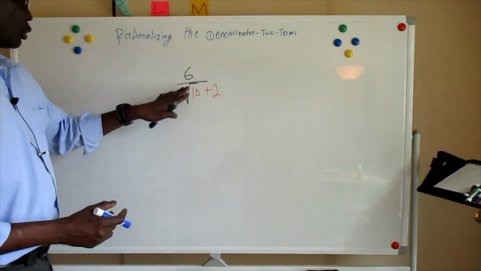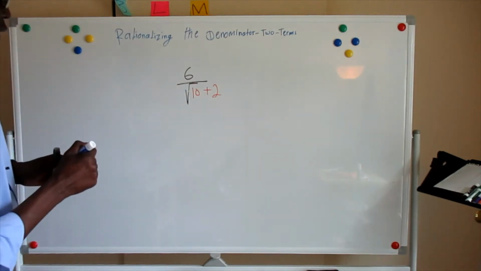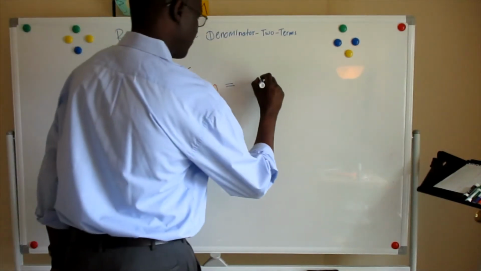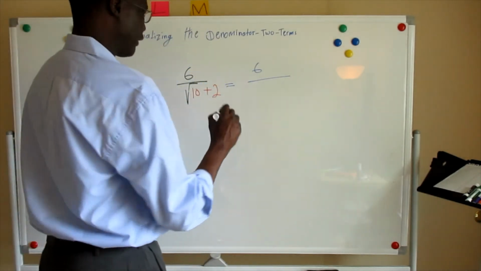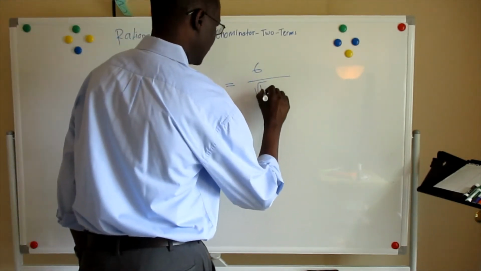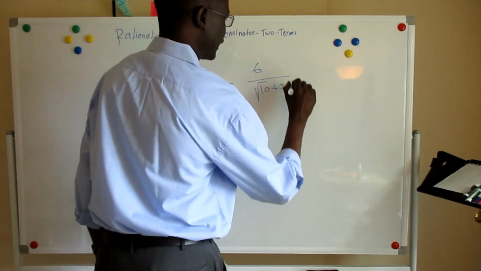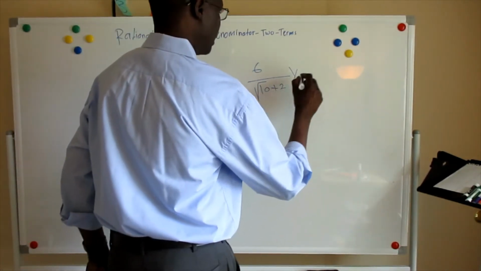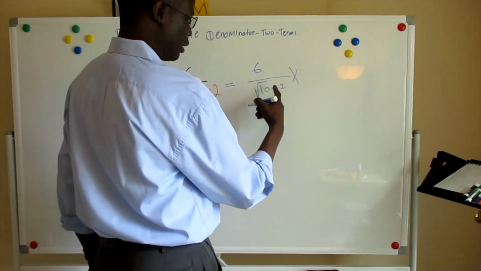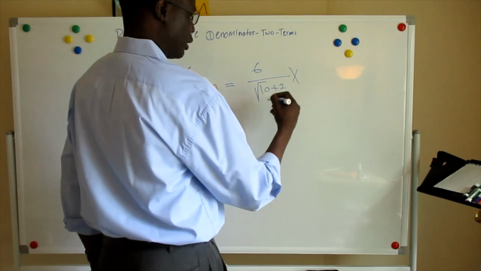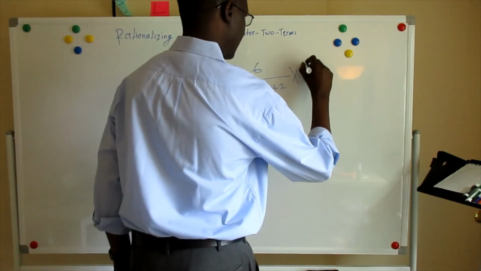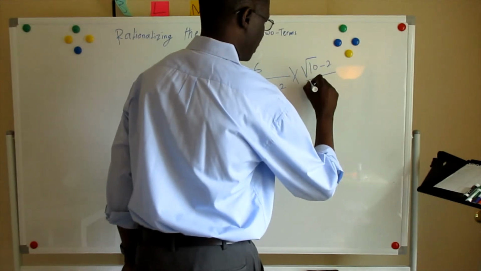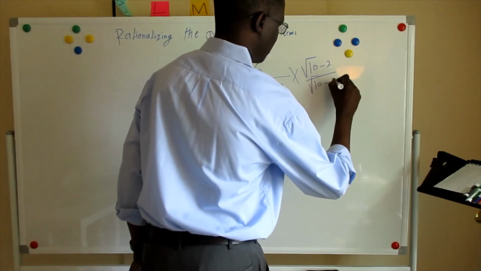So the way, or the steps, you solve this problem: you still have 6 divided by root 10 plus 2, times the difference, root 10 minus 2, divided by root 10 minus 2.